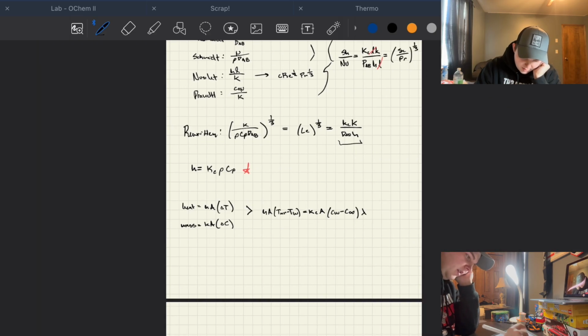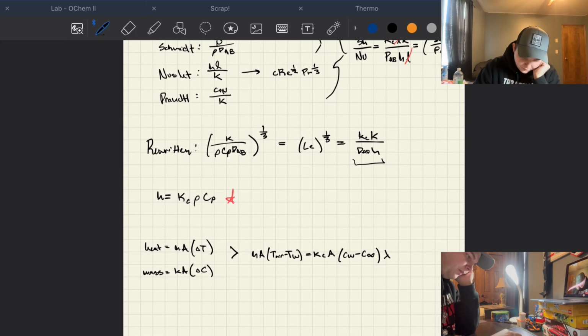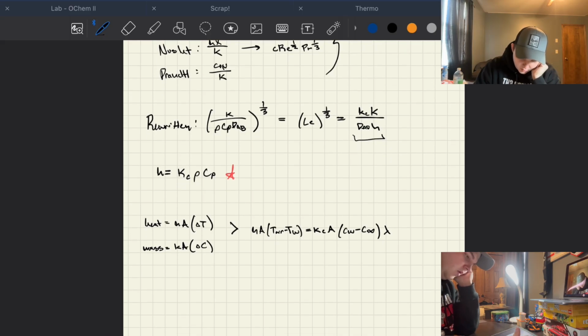So now we can sub this term into what we did in part 1. When we sub that in, we're going to get Kc Cp times Cp A, and we're going to get T air minus T water is equal to gamma Kc A times C_W minus C infinity.